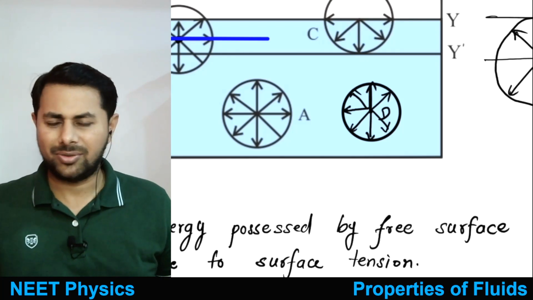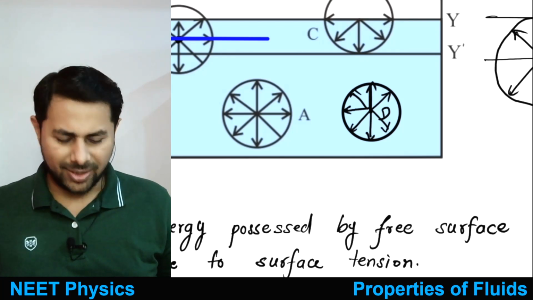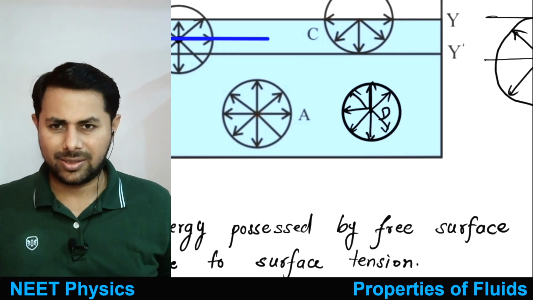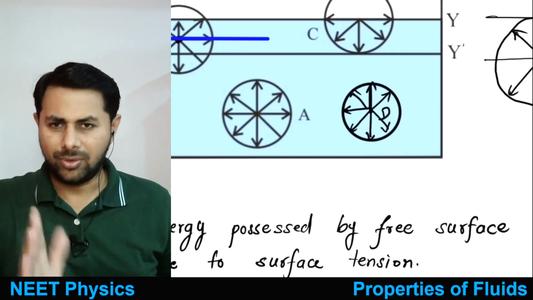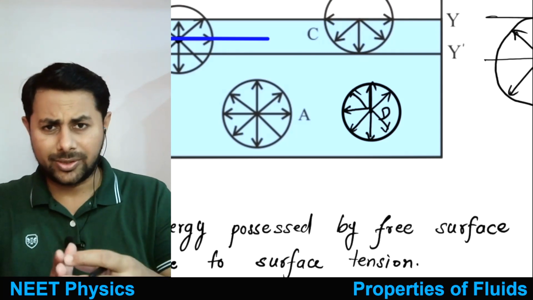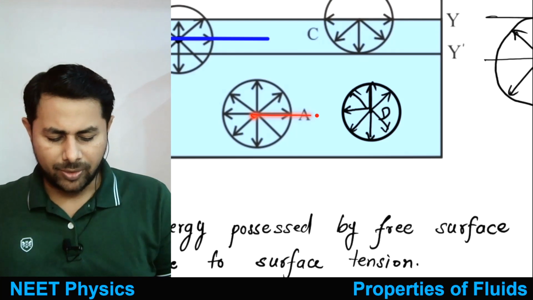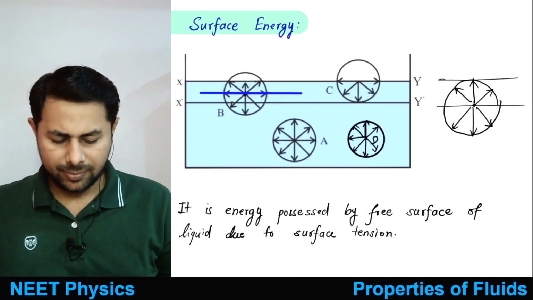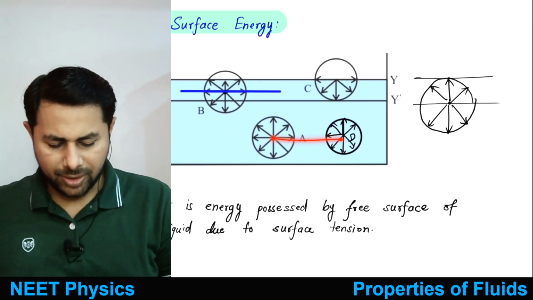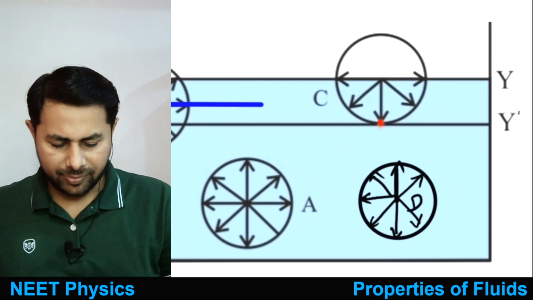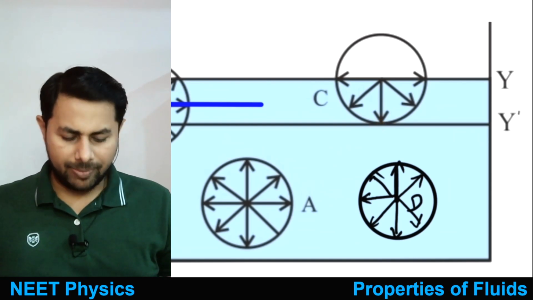Why? Because there is no net force acting on them, and therefore you don't need to do any work, because there is no force. So you don't need to apply any energy or any external force to move this molecule from here to here, right? You can move it from here to here, but when it comes to this point, what will happen?